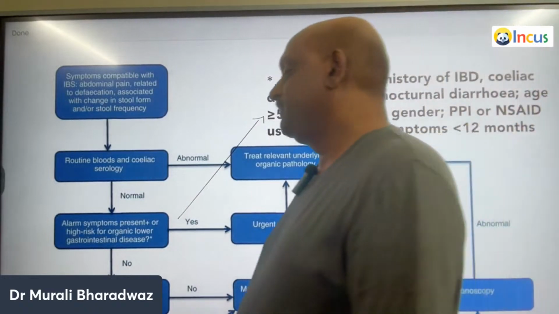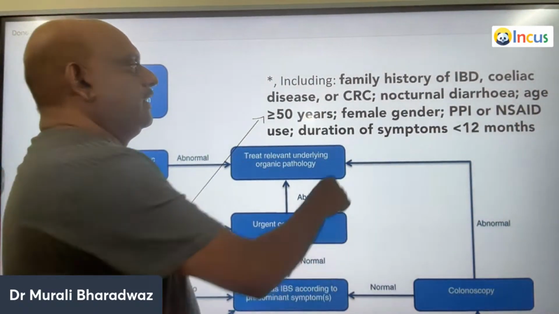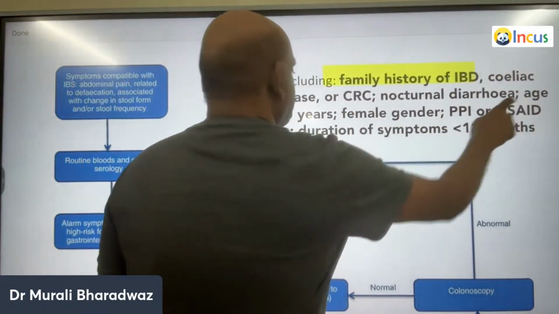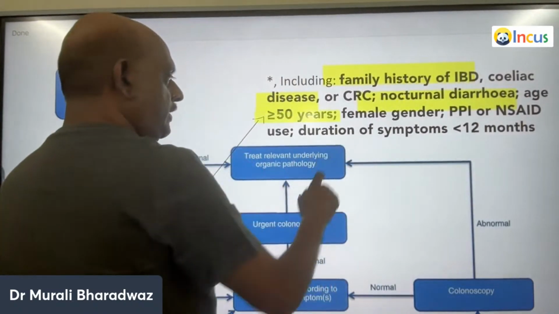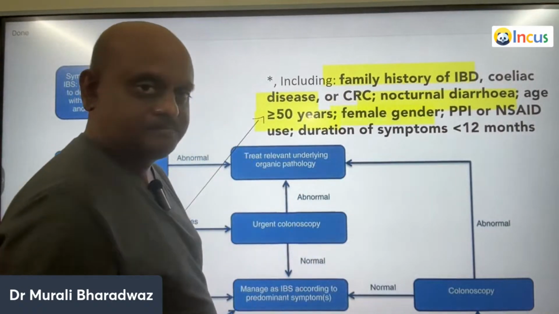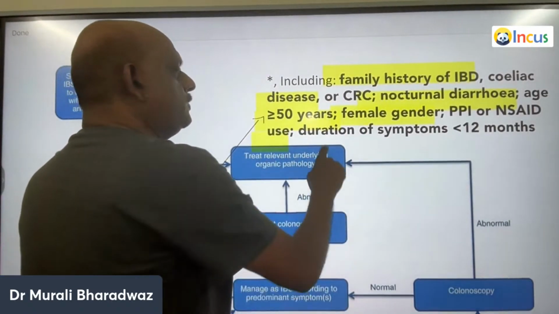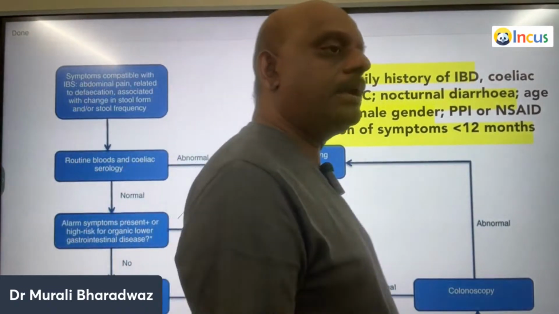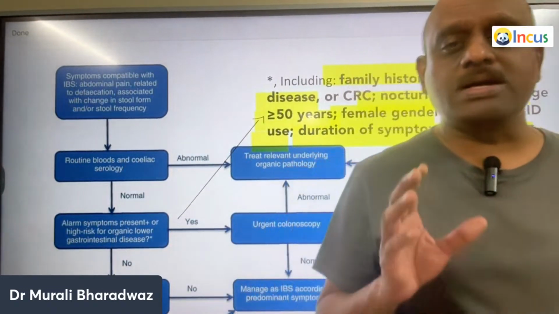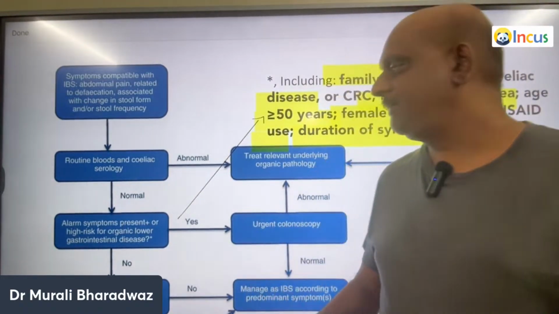So what are the alarming symptoms of organic lower GIT disease? Family history of IBD or celiac disease, nocturnal diarrhea, age more than 50, male gender, or proton pump inhibitor or NSAID use, and duration of symptoms less than 12 months. They're all considered to be alarming symptoms suggestive of more severe organic pathology.